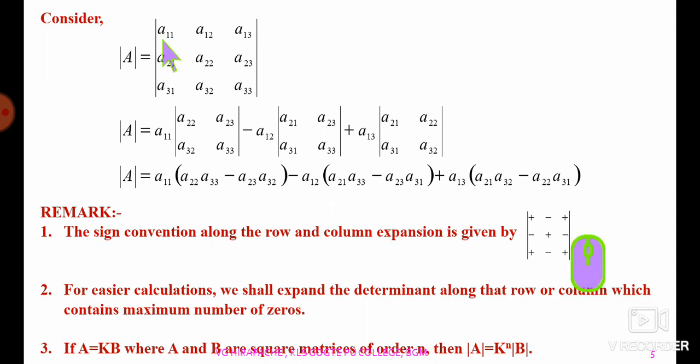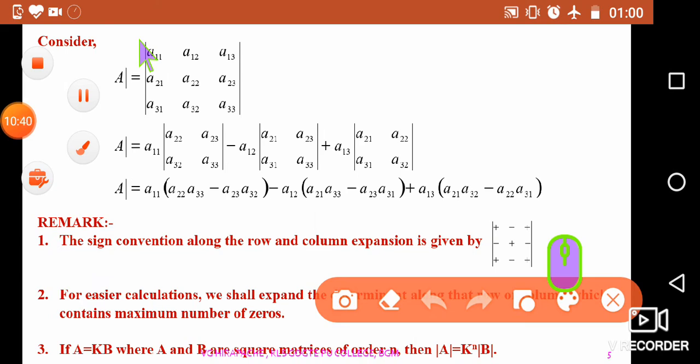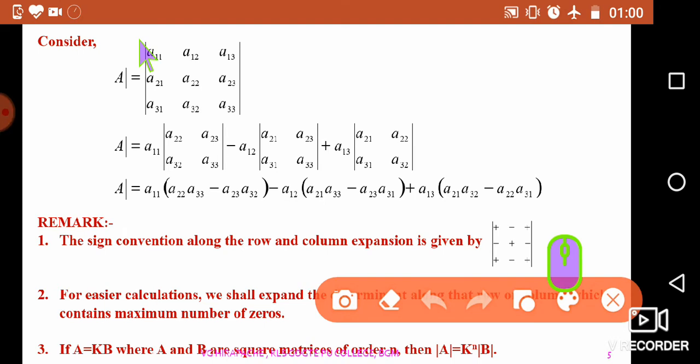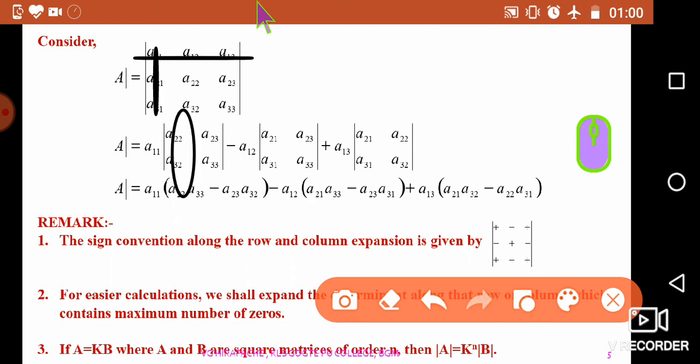In this case we delete the first row, first column. We are left with the elements A22, A23 and A32, A33.